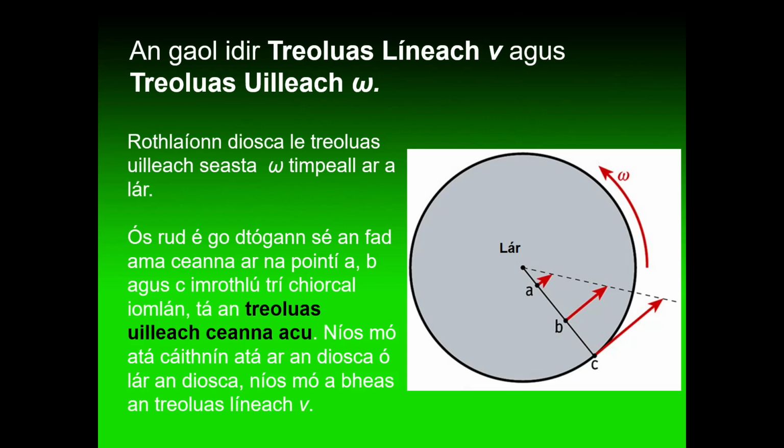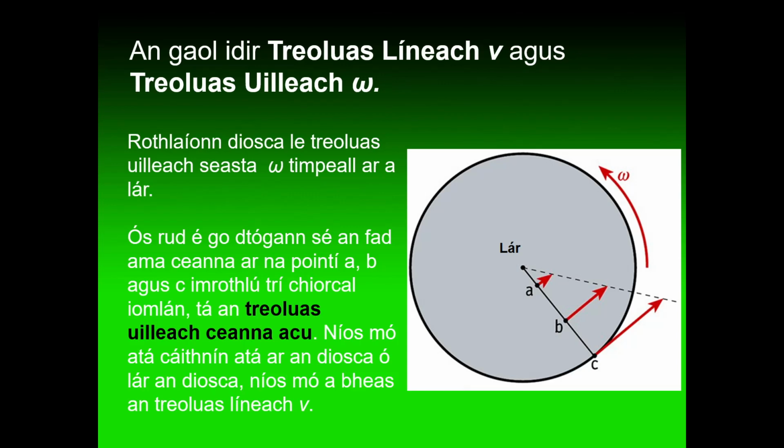A, B, C, back. Now, which one's moving the fastest, A, B, or C? C moves the fastest. It's in the groove, but it moves faster. Does that make sense?